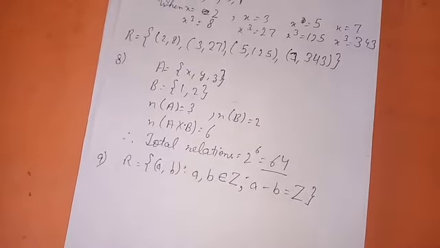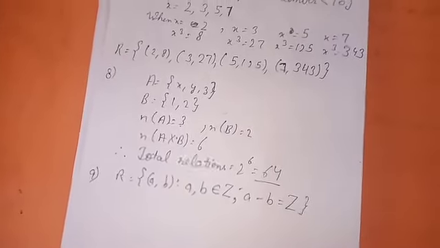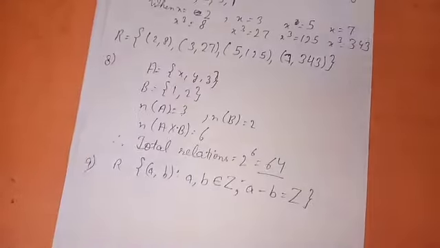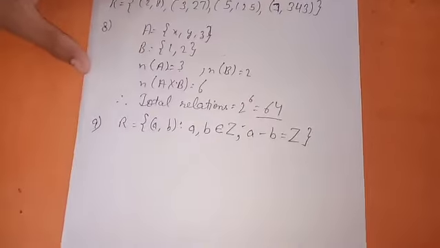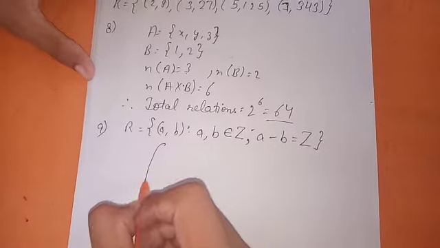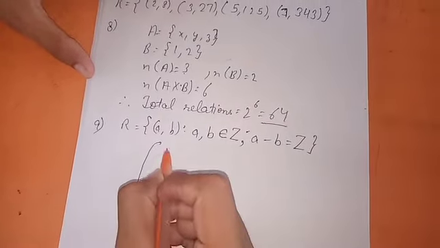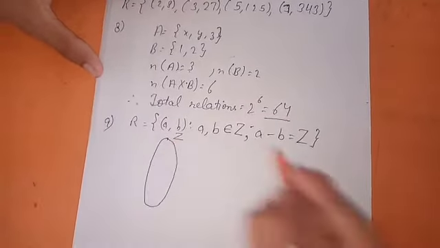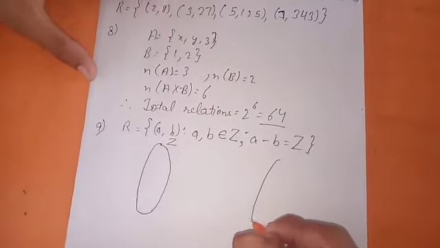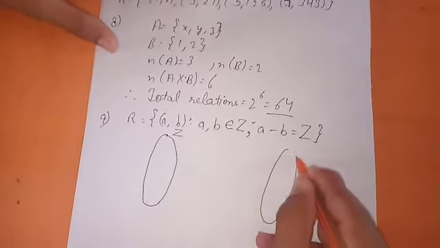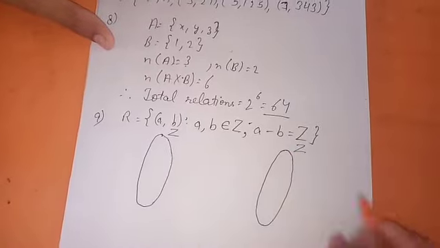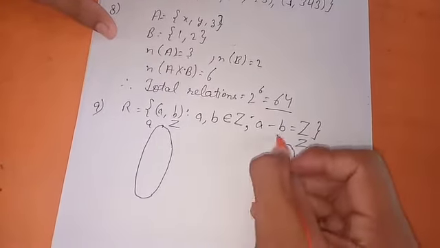In this we are asked to find the domain and range of R. So first of all we can make the arrow diagram. It is our Z. It is also Z. From here we will get the value of A and here B.